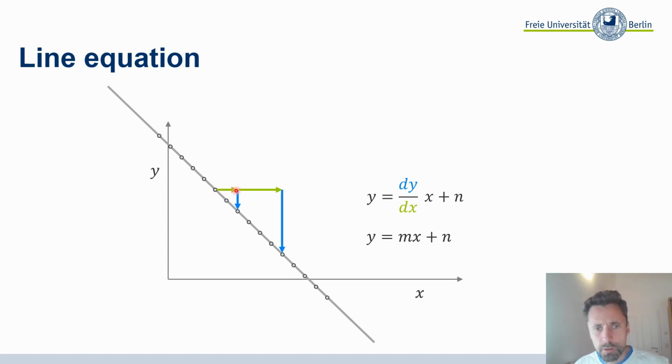If you increase x a little bit, then you drop or you go up, depending on what the line is, to the other point. If you go k times as many steps in the x direction, you will go k times as much down to stay on the line. So the ratio of this change in y and the change in x is constant over all places on the line.